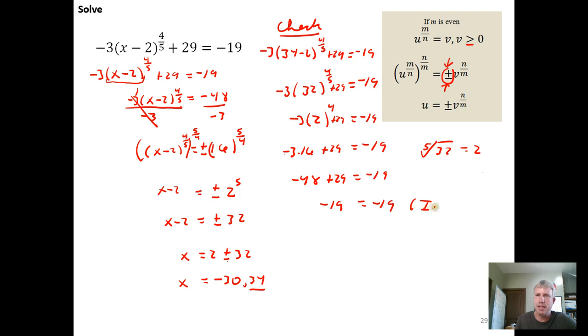We get an identity. So we know that 34 was a solution, and because of the reason I explained before, negative 30 is also a solution in this case. So the solution set is x is an element of the set that contains both negative 30 and 34. It's supposed to be a curly brace. There we go, that's better.